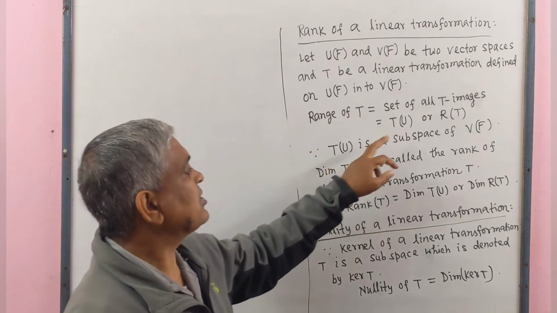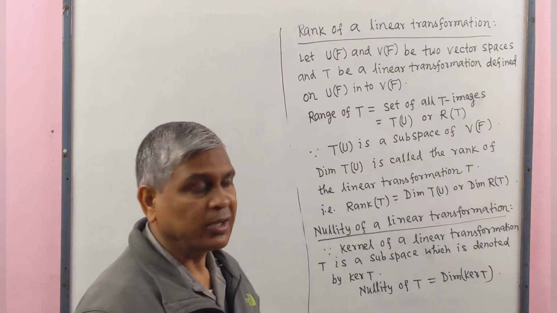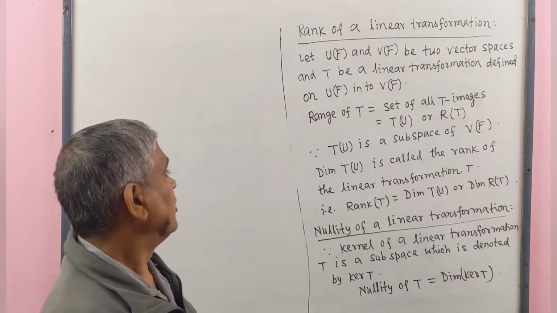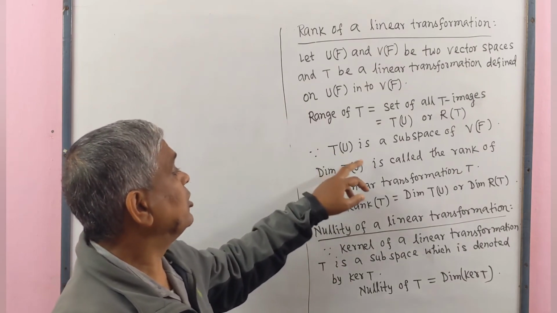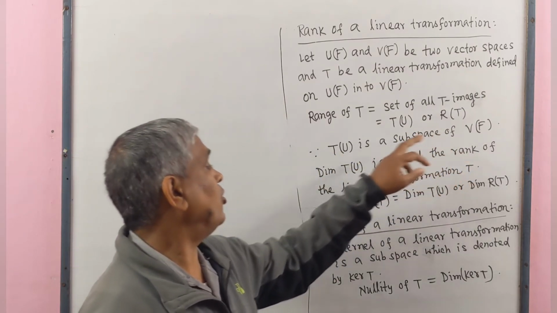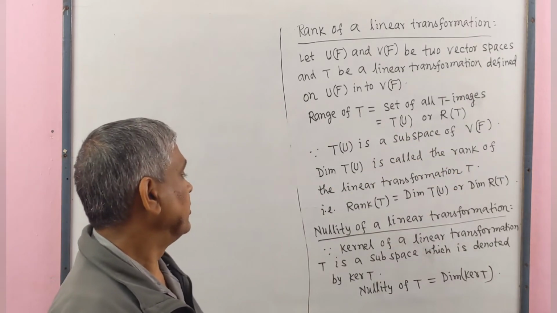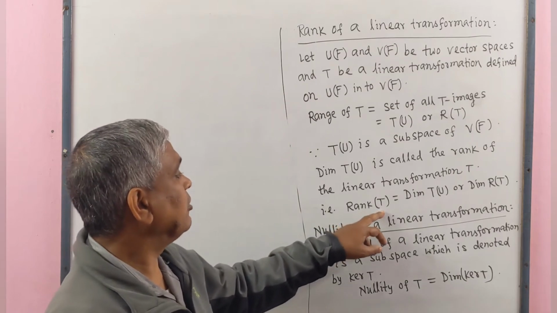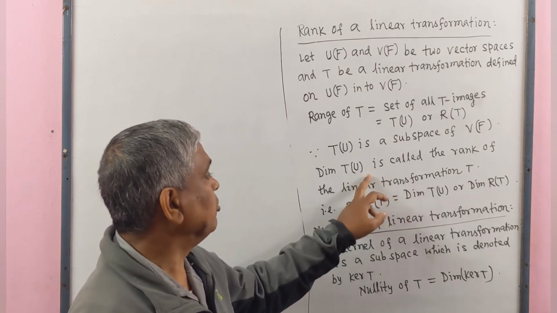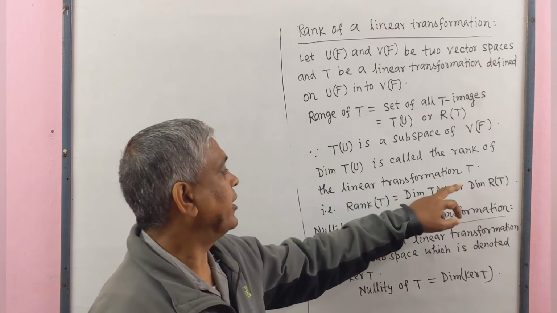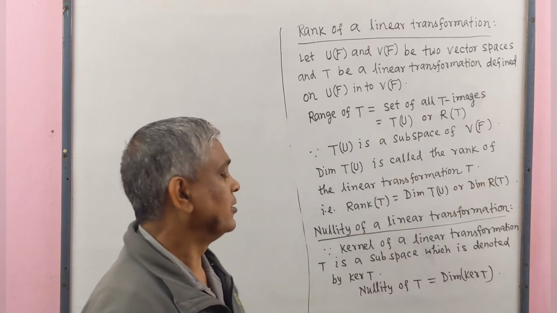Since T(U) is a subspace of V(F), dimension of T(U) is called rank of the linear transformation T. That is, rank T equal to dimension of T(U) or dimension of R(T).